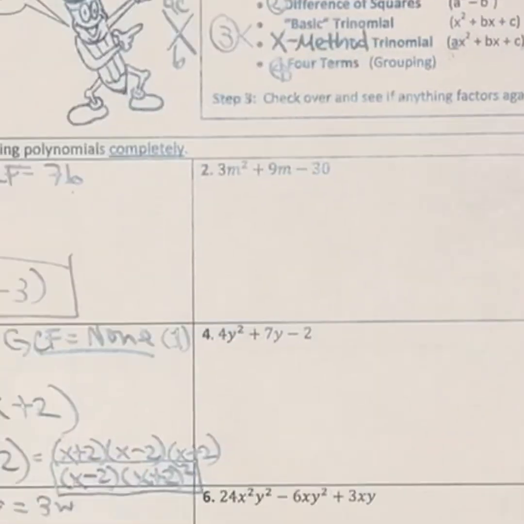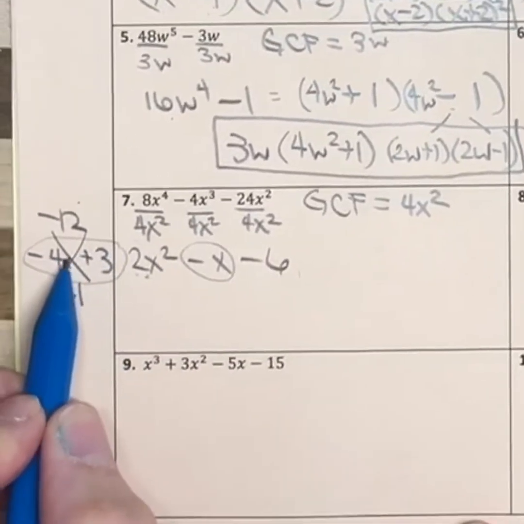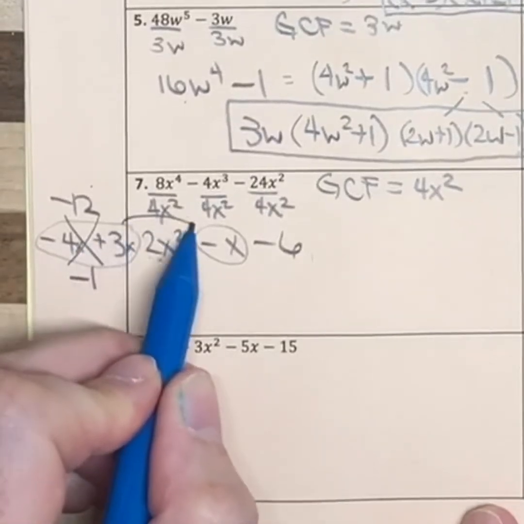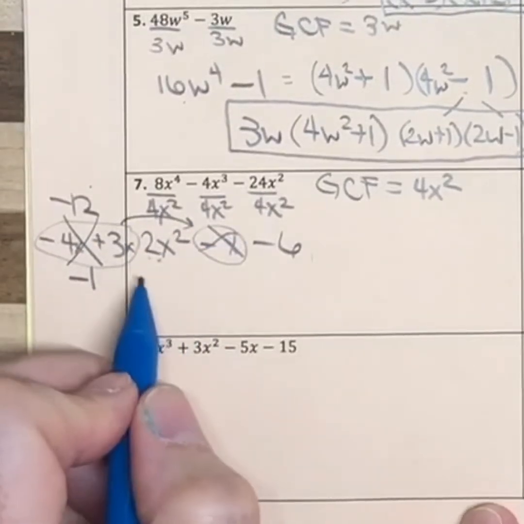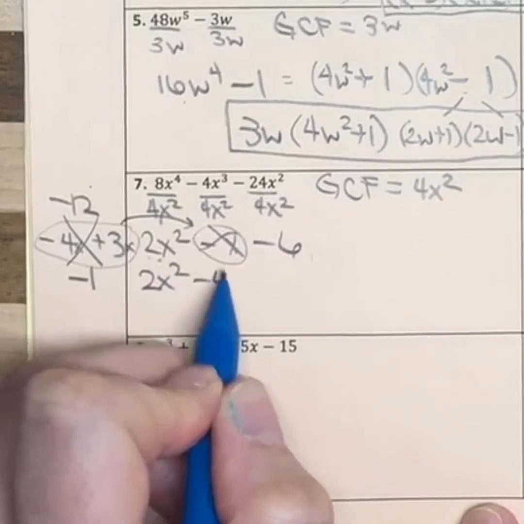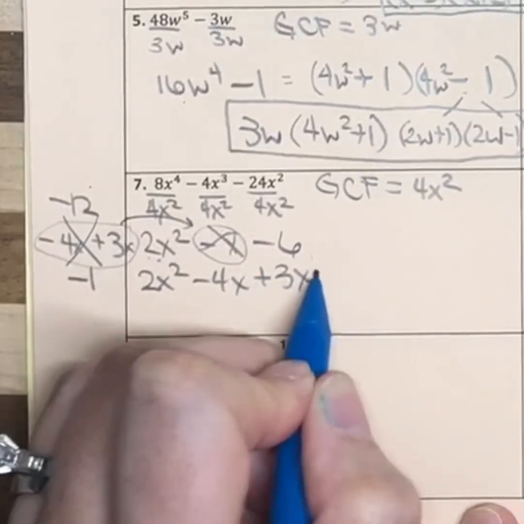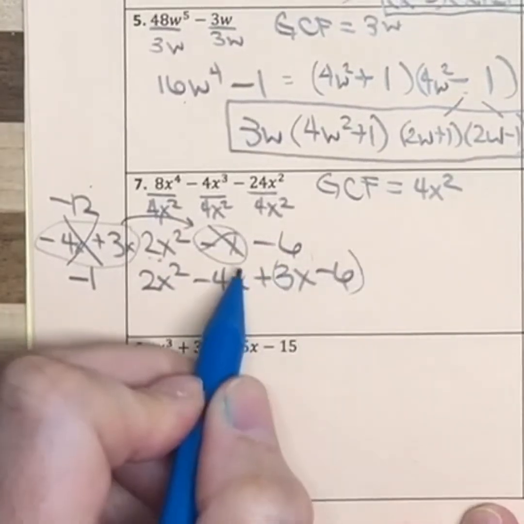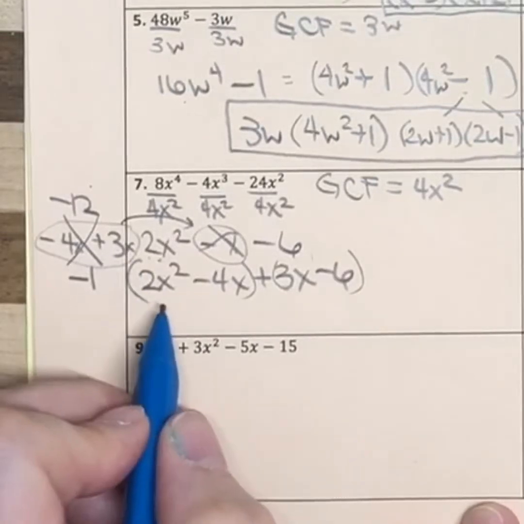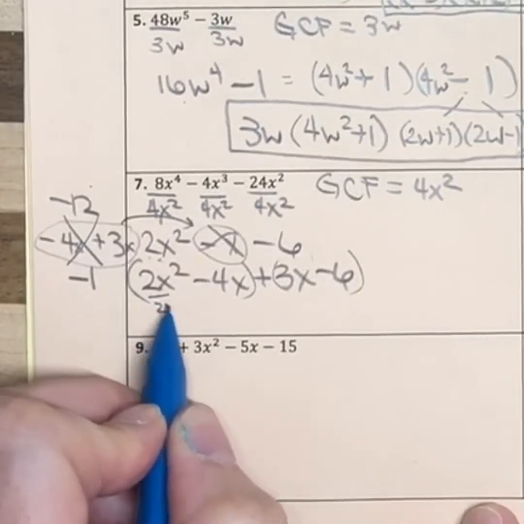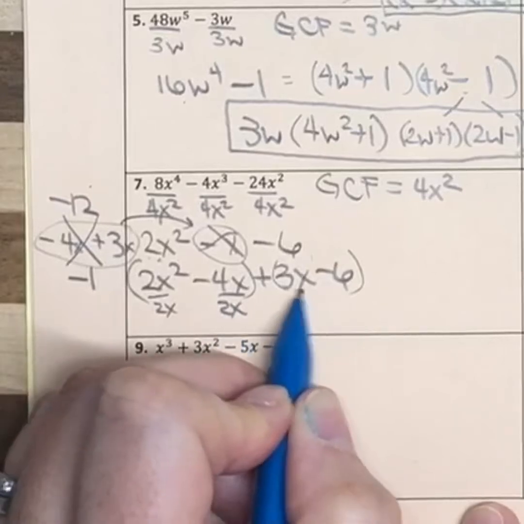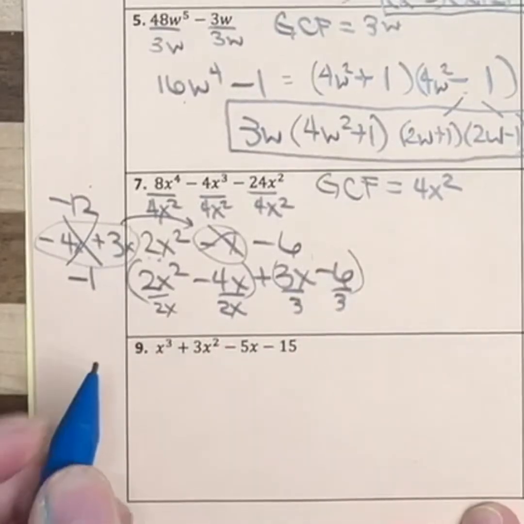So we have to replace these two as our new middle terms for the old middle term. So we get 2x squared minus 4x plus 3x minus 6, and then we do our factor by grouping. The GCF in the first pair is 2x, and the second pair is 3.